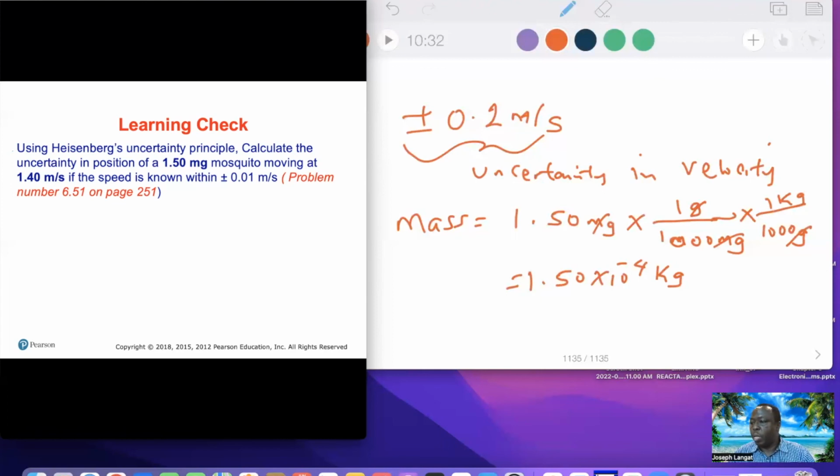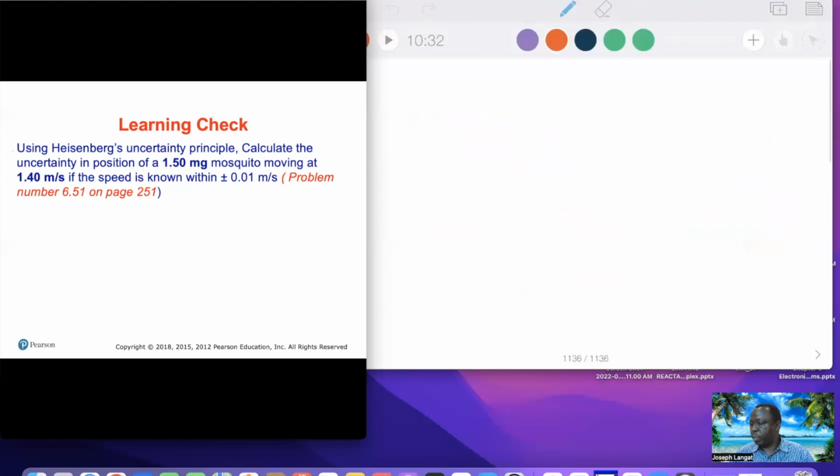Once we know the mass, therefore, uncertainty in position is given by Planck's constant over 4 pi times mass times change in velocity.